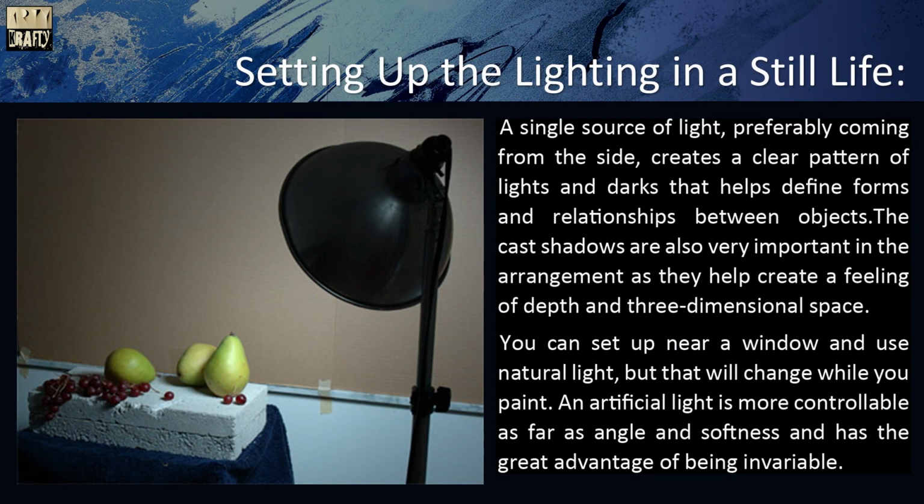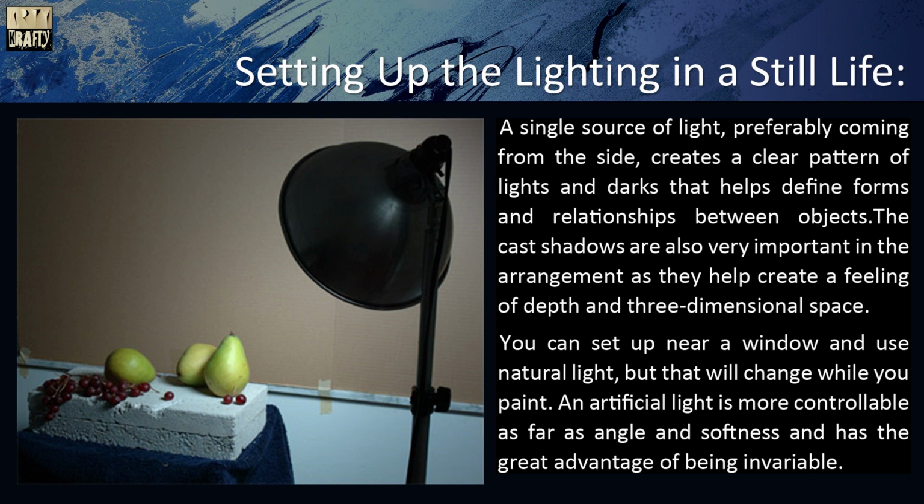Setting up the lighting in a still life. A single source of light, preferably coming from the side, creates a clear pattern of lights and darks that helps define forms and relationships between objects. The cast shadows are also very important in the arrangement as they help create a feeling of depth and three-dimensional space.